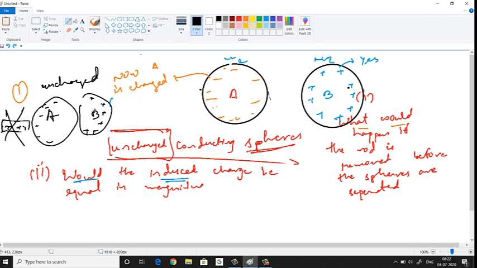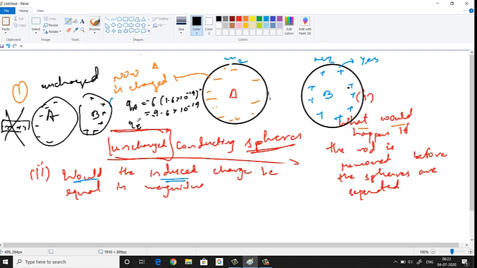How will you find the charge? For A, QA will be equal to, how many electrons are there? 6. We know Q is equal to Ne. What is the charge on one electron? 1.6 into 10 power minus 19. So you'll get 9.6 into 10 power minus 19, and this is negative.